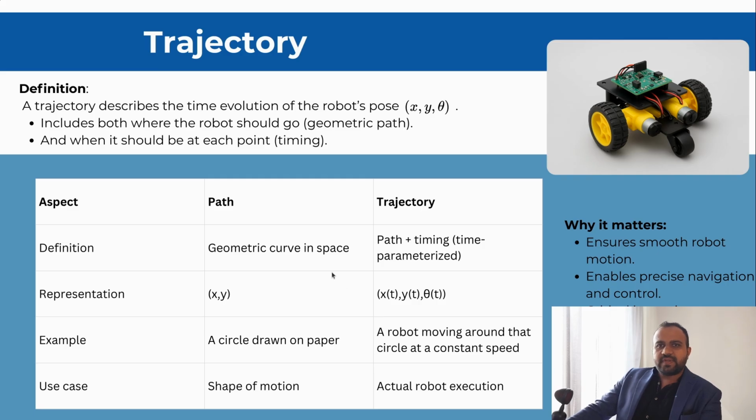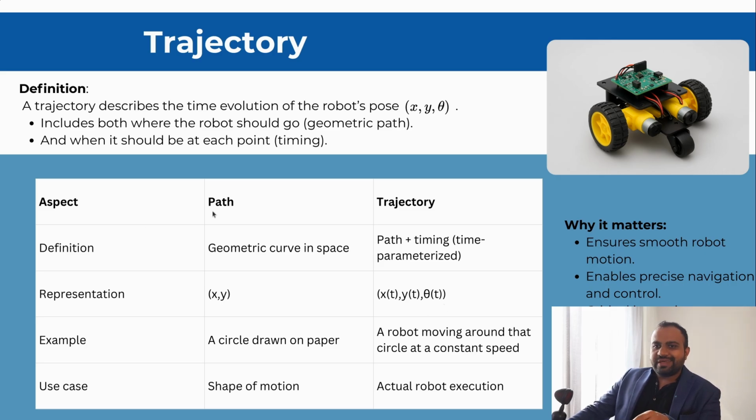Okay, let's have a look. What is trajectory? A trajectory describes the time evolution of the robot pose, which includes where the robot should go and when it should be at each point. So there is a difference between the path and the trajectory. Here the path is just x and y, but the trajectory is x, y, and the theta at a specific time.